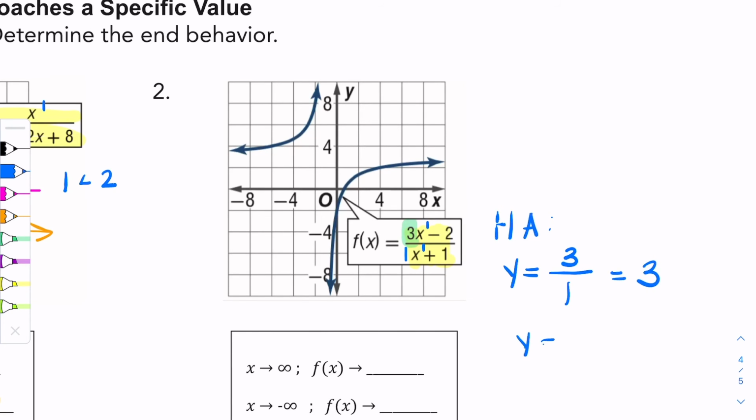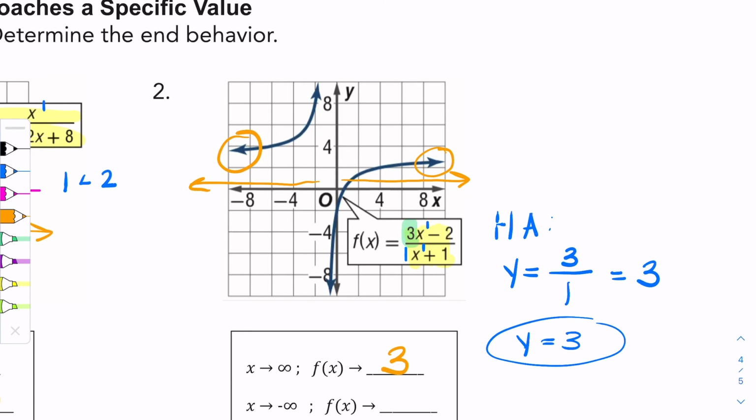So our horizontal asymptote is at y equals 3. That means as x approaches positive infinity, the function is approaching 3. And as x approaches negative infinity, the function is approaching 3.